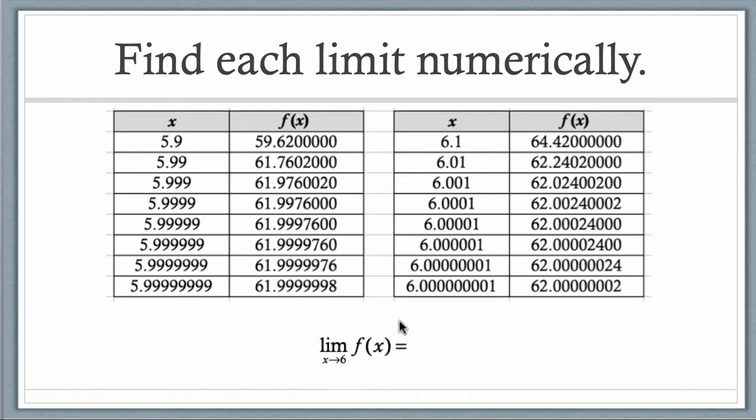When I am looking at x getting really close to 6 from the right, as I see in the second part of this table, again the function value is getting closer and closer to 62. Since the limit from the left and the limit from the right are both approaching 62, I could say that the limit as x is approaching 6 of f of x is 62.